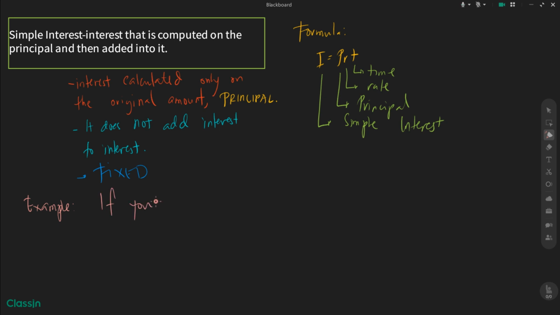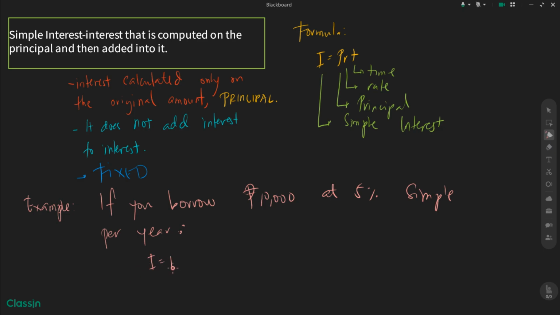If you borrow 10,000 pesos at 5% simple interest per year, let's try to compute for the simple interest.